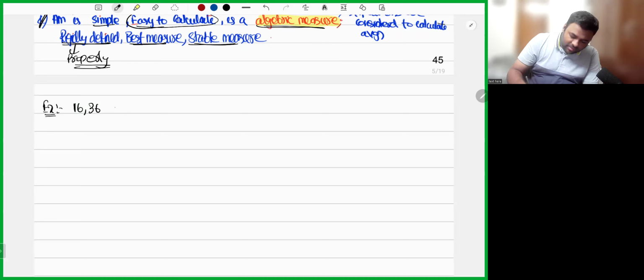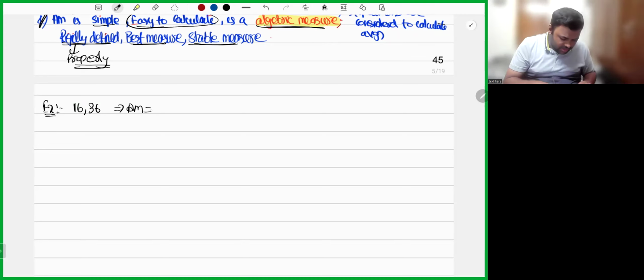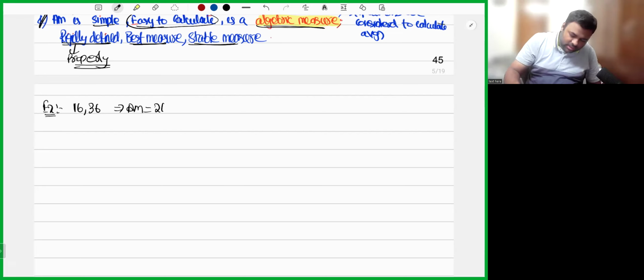Now, what is the arithmetic mean of 16 and 36? Arithmetic mean is simple: 16 plus 36 whole divided by 2, that is 26. What is the geometric mean? Root of 16 into 36, which is 24.